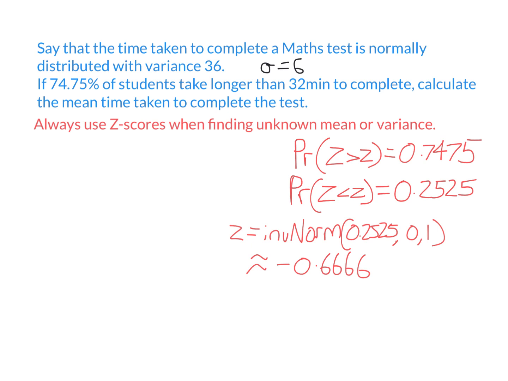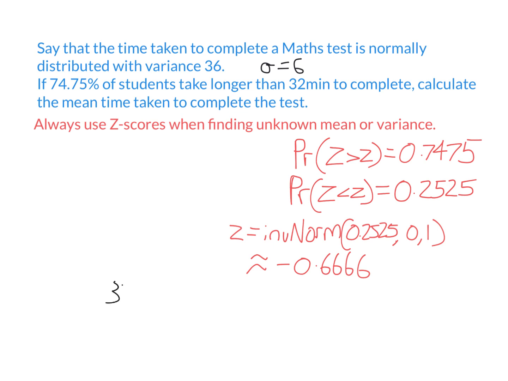It means in any normal distribution, 74.75% of scores are above 0.6666 standard deviations below the mean. So what I've actually found is that this score of 32 is 0.6666 standard deviations below the mean. So let's use the z-score formula.